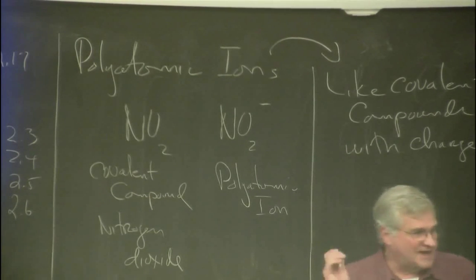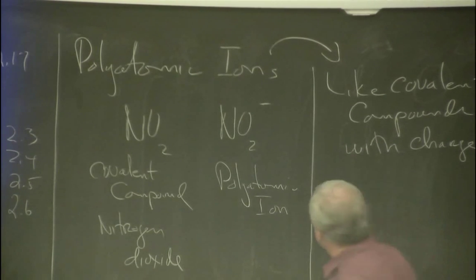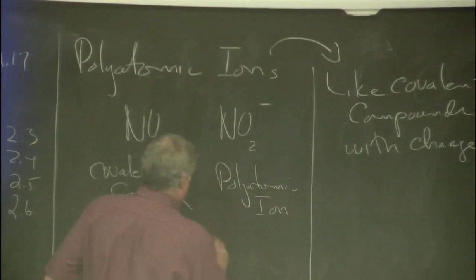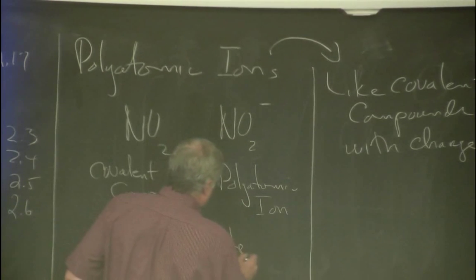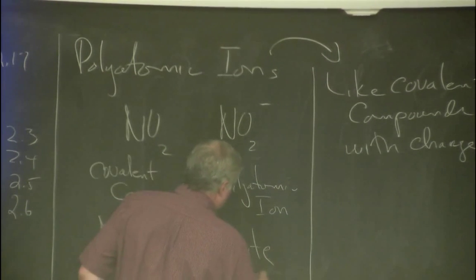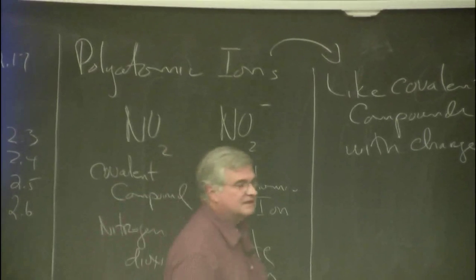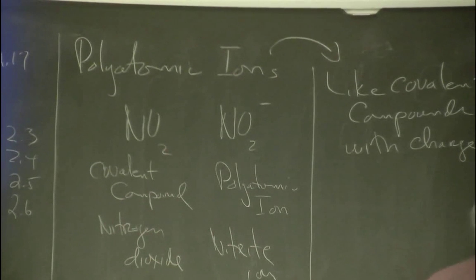Now the nitrite that I just put up here is called the nitrite ion. We'll learn all about that one today and the other ones. It behaves just like another single -1 charge ion, like chloride, fluoride, bromide. It's just bigger, but it performs as an ion.